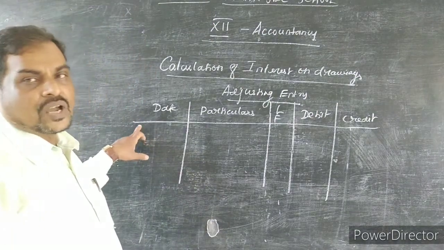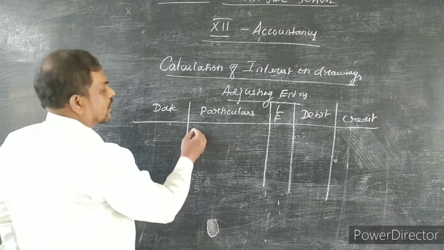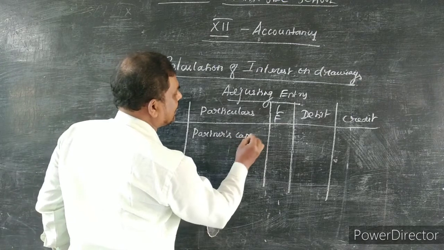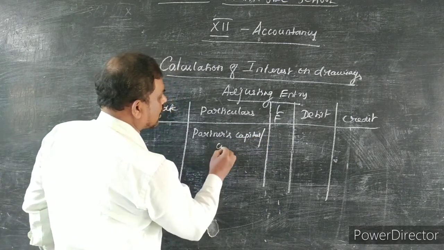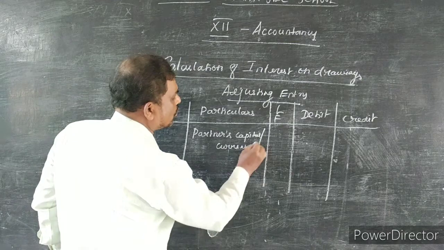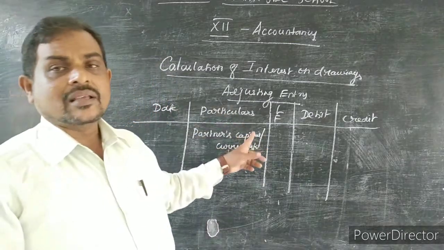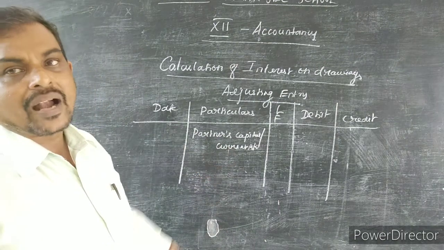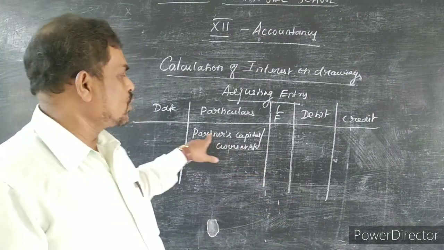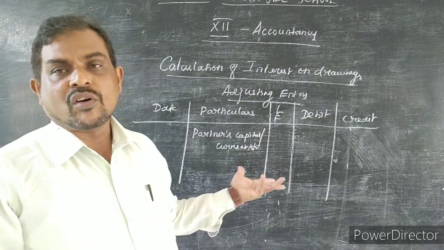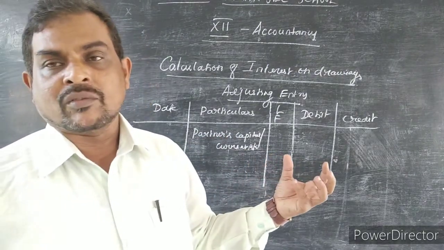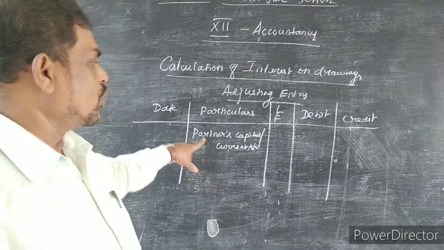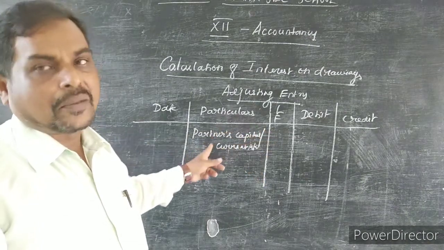If the date is given, we have to put the date here. So partners' capital or current account. I already told you, if the partners are following the fixed capital method, you have to put current account. If the partners are following the fluctuating capital method, you have to put partners' capital account. We don't know what system they are following, so based on the system they are following, we have to put either partners' capital account or partners' current account.